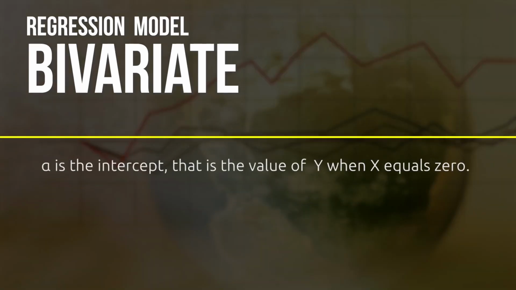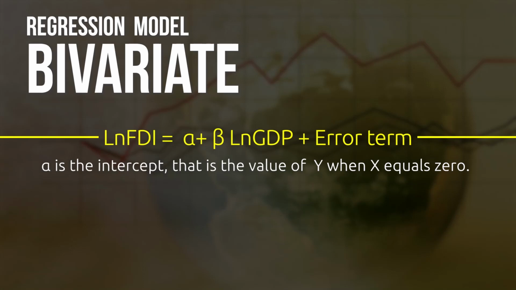Alpha is the value of Y when X is 0, so it is an autonomous term, independent of all other factors.